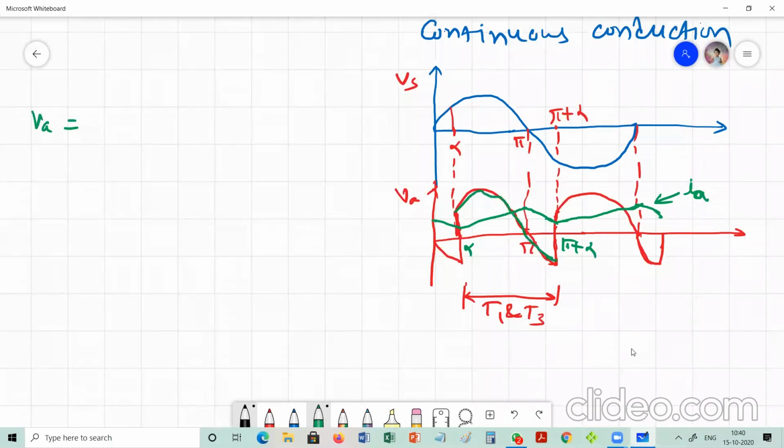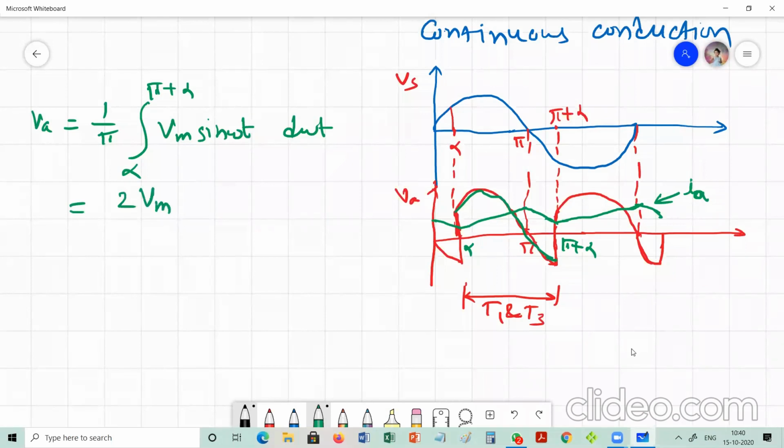So VA is equal to 1 by pi integration of Vm sin omega t d omega t, where the angle varies from alpha to pi plus alpha. When you solve the integration, you get VA is equal to 2Vm by pi into cos alpha. I think you studied this equation last year in power electronics. Suppose this is equation number 1.